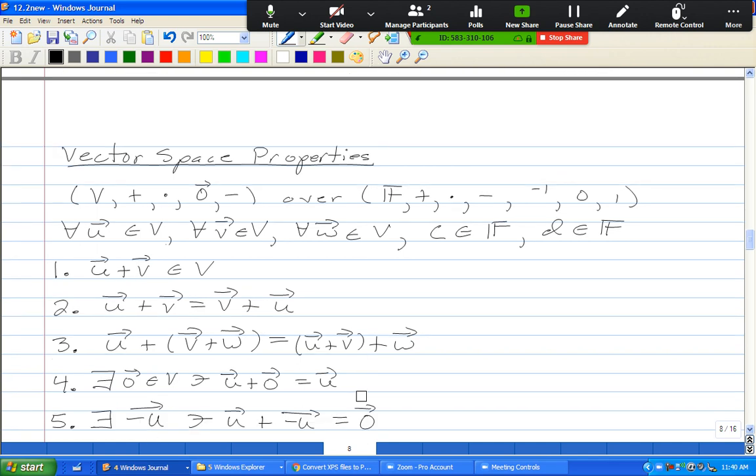Next, we have this unary operation such that for every vector u in your vector space, I have a vector negative u such that any vector plus its additive inverse gives me the additive identity.